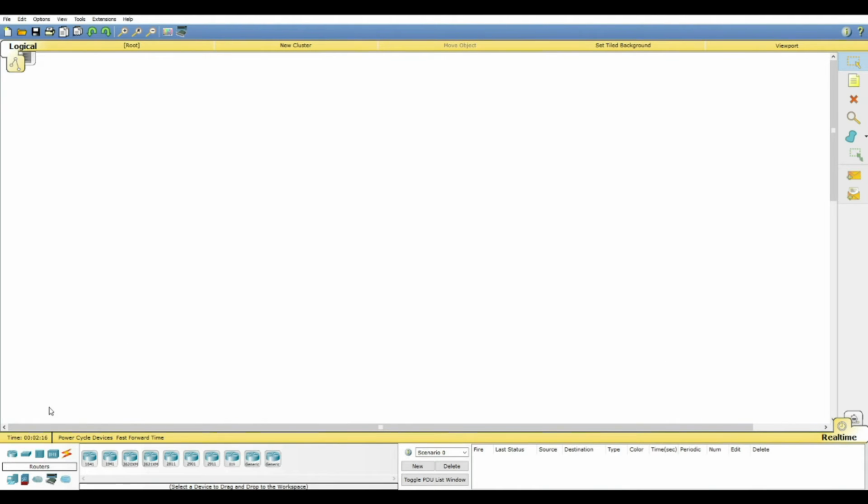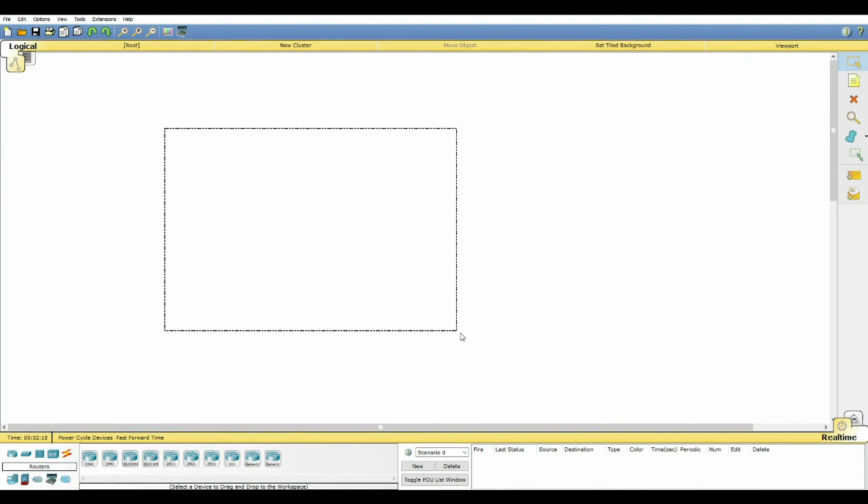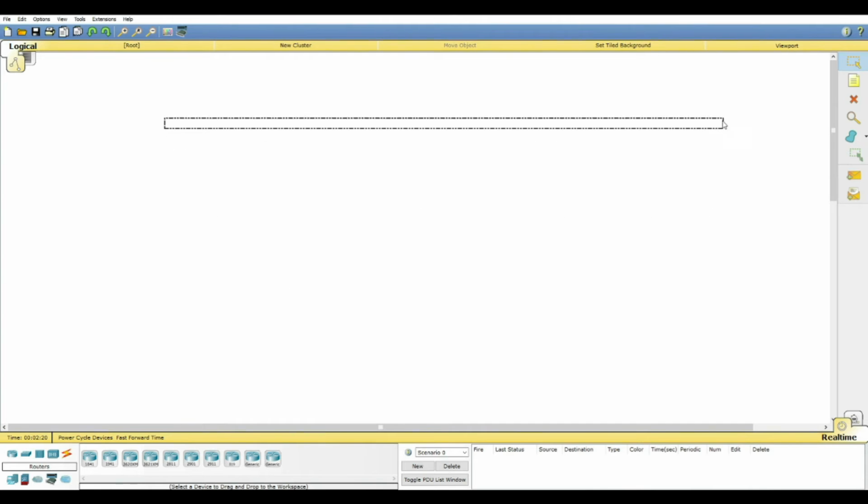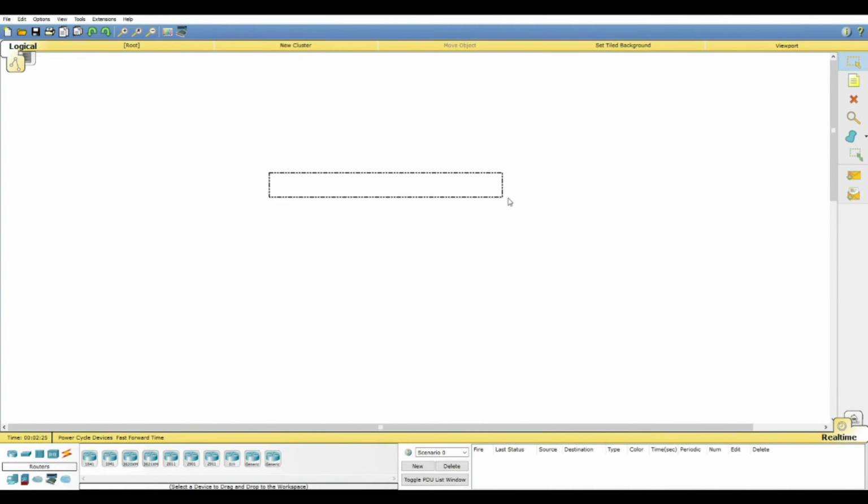As you can see here, we have a plain white sheet that looks like MS Paint, and on our bottom left you can see some devices like routers, switches, hubs, wireless devices, connections, security, WAN emulation, custom made devices, and multi-user connection.